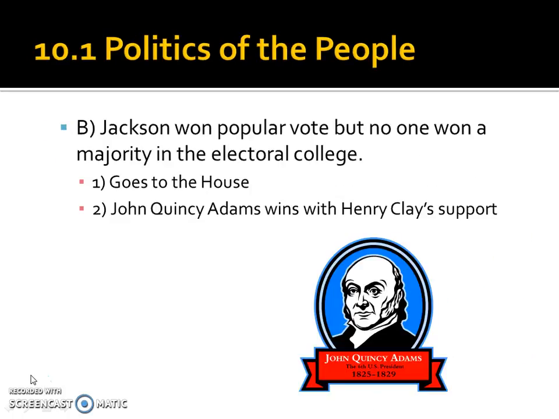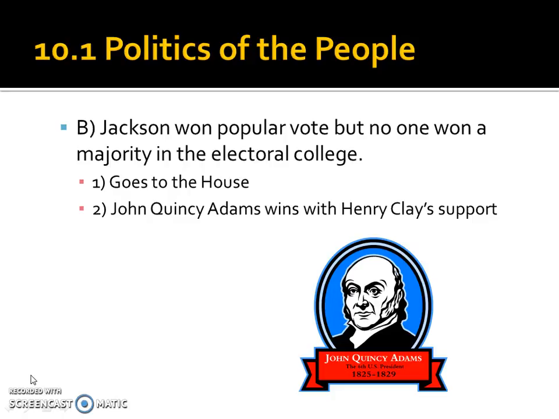So from there, in the election of 1824, we get Jackson winning the popular vote, but between the four, the Electoral College vote is split and no one wins the majority. Anytime no one wins the majority of the Electoral College, it goes straight to the House of Representatives. And the House of Representatives ignores the popular vote and gives the win to John Quincy Adams with Henry Clay's support.